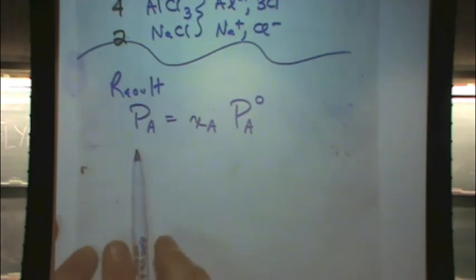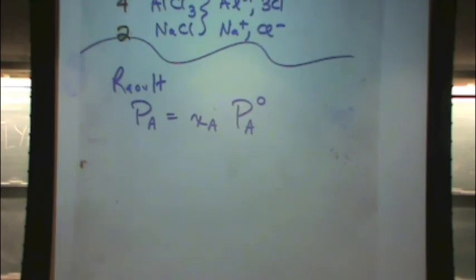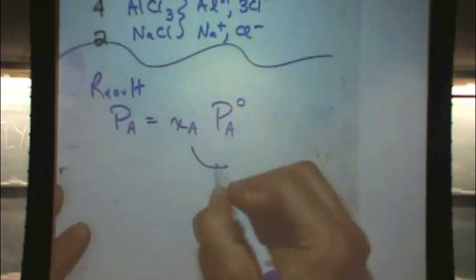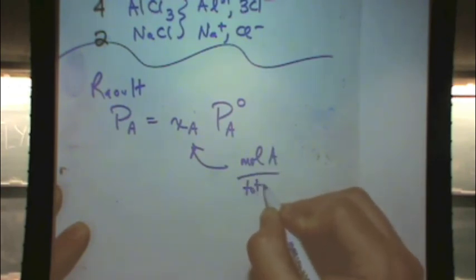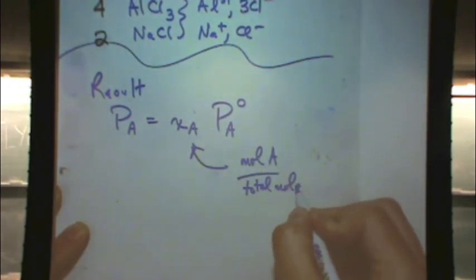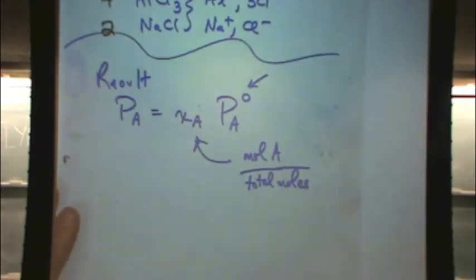Okay, this is the pressure of a gas. This is the mole fraction, that would be the moles of, say, component A over the total moles, just like in 2A, if you remember this stuff from 2A. This is something you haven't seen before. This is the pure pressure.